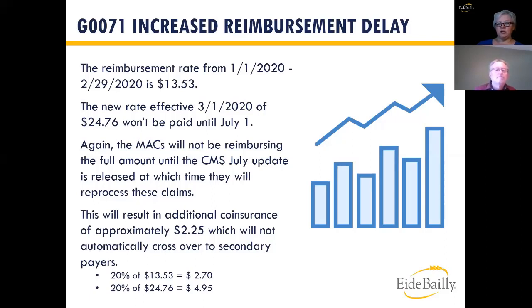And because they will have taken back their payment and reprocessed to the secondary payer, it looks like an adjusted claim, which don't automatically cross over. So you can expect that your revenue cycle staff are going to have to deal with balances of $2.25 for every one of these claims submitted up until July 1st.